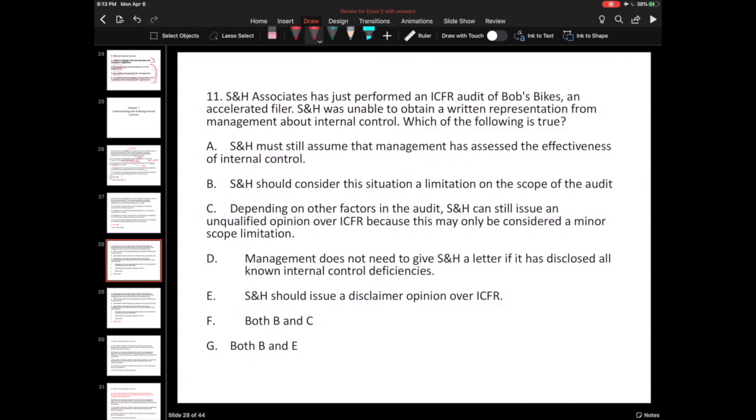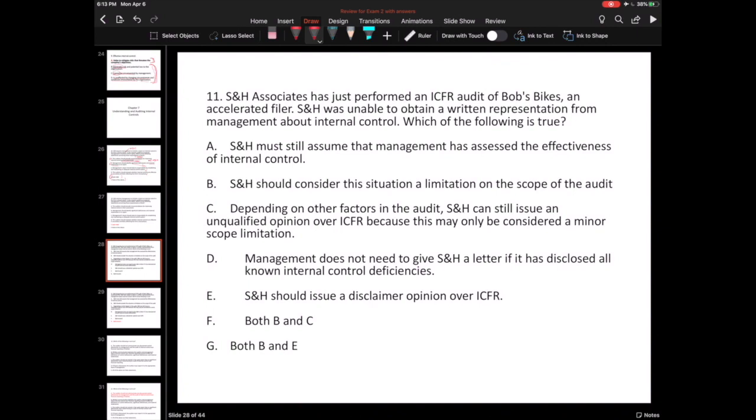S&H Associates has just performed an ICFR audit of Bob's Bikes, an accelerated filer. S&H was unable to obtain a written representation from management about internal control. Which of the following is true? All right, we talked about this specific situation. It was really the only example we had of a scope limitation, of a more than minor scope limitation specifically.